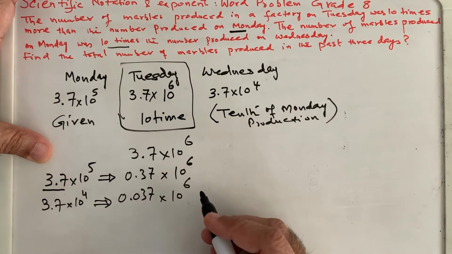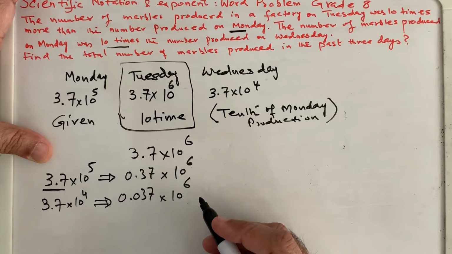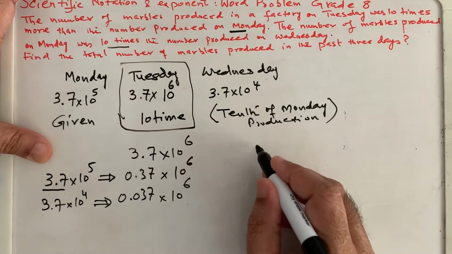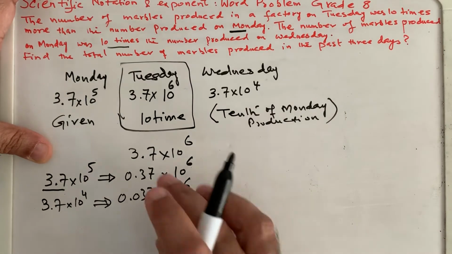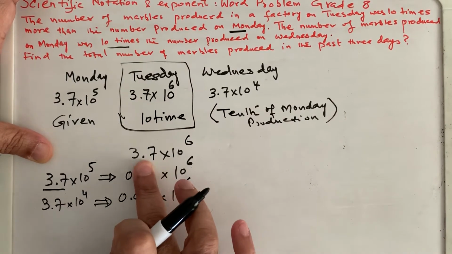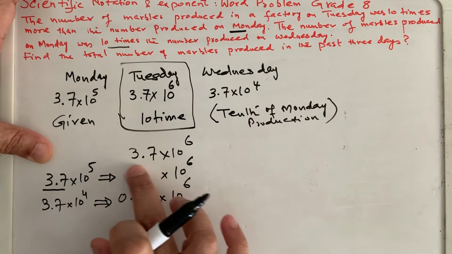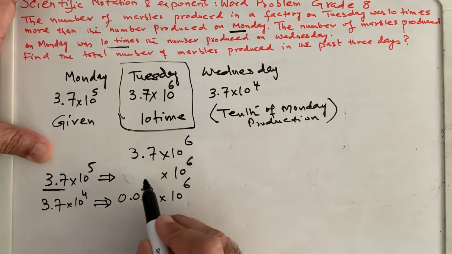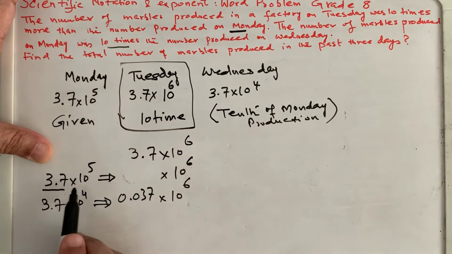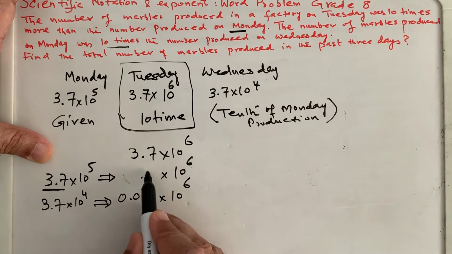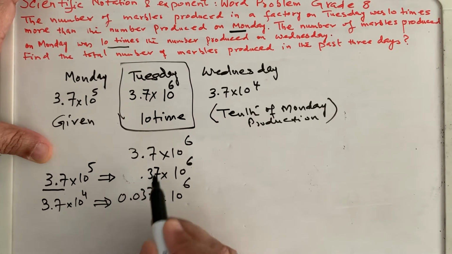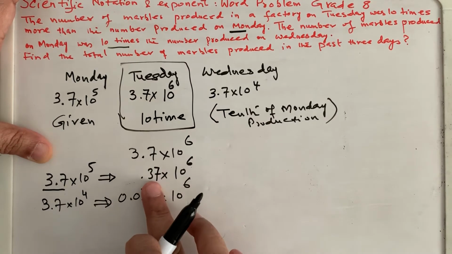And now I can place my decimal underneath decimal and add them together, right? So how to place them properly? If I put it properly, I will say 3.7 and then 0.37, because I have to put decimal underneath the decimal, right?